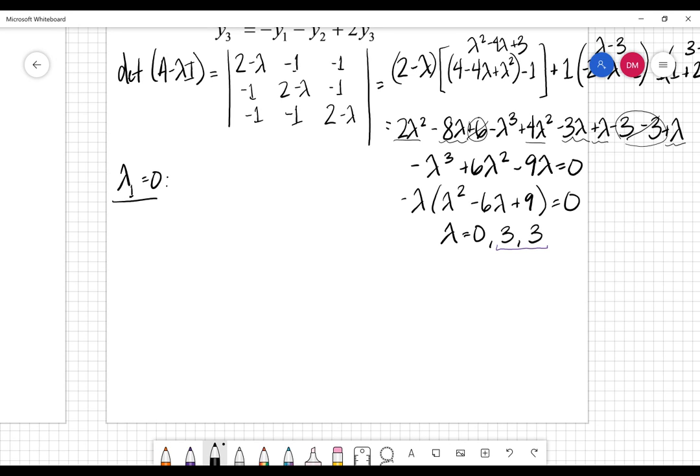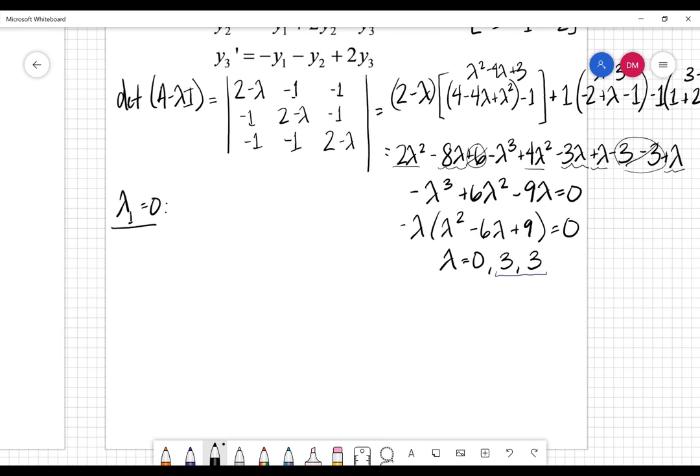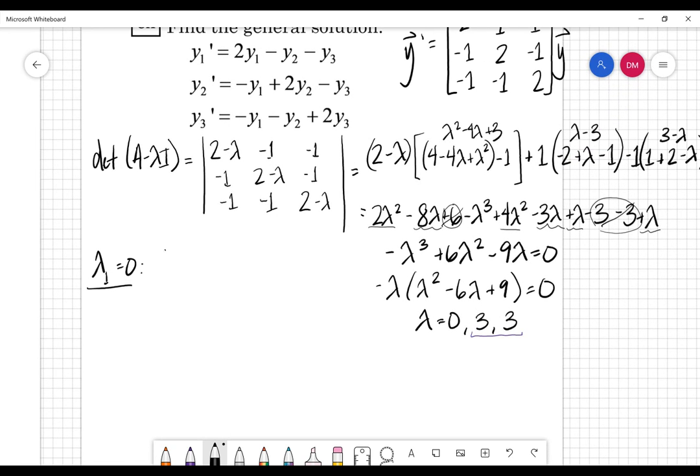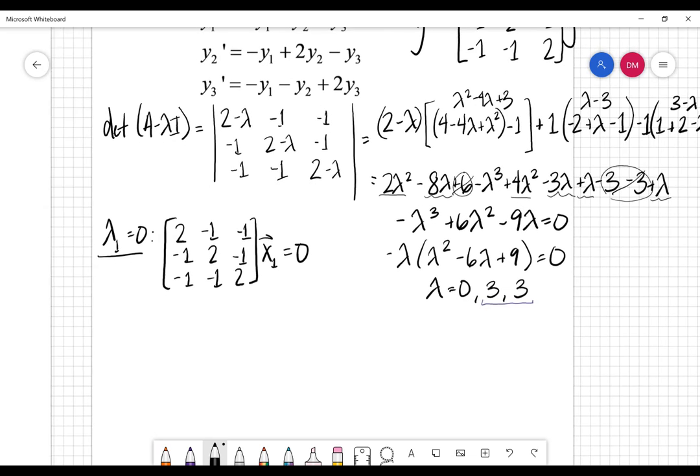And if this is the case, then we're going to go ahead and plug in 0. We actually get back our initial A matrix here. And then we want to figure out what x1 would look like to set that equal to 0 there.